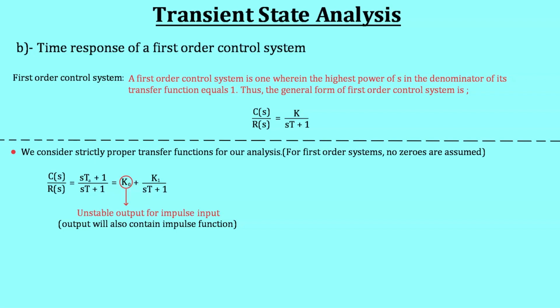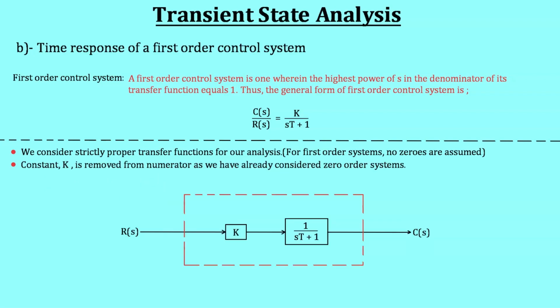An impulse signal in the output represents an output whose value will tend to infinity even for a short duration of time. But for a practical system, we don't want that. For undergraduate level studies, we keep our analysis and understanding to systems which provide a stable output only. That's why we will consider only a strictly proper transfer function, not even a proper transfer function.